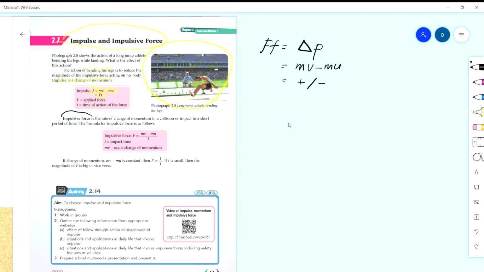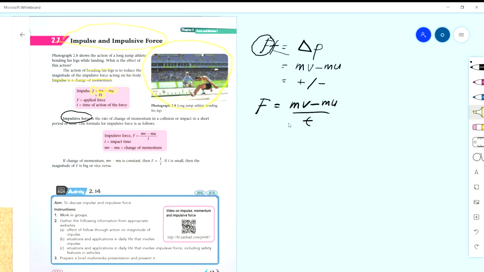Impulsive force. So this is impulse, FT. So impulsive force is the F saja. So T turun bawah. So impulsive force equal to MV minus MU over T. So kita baca balik, what is this? This is perubahan momentum divided by time. So we can say this is kadar perubahan momentum.